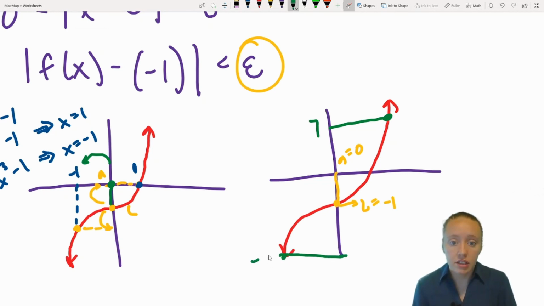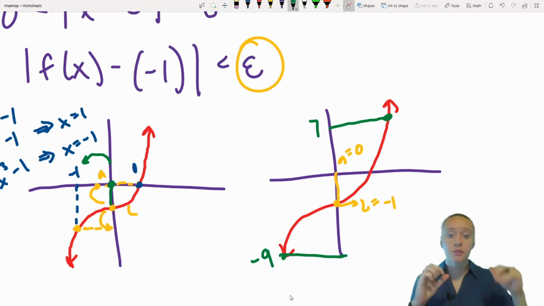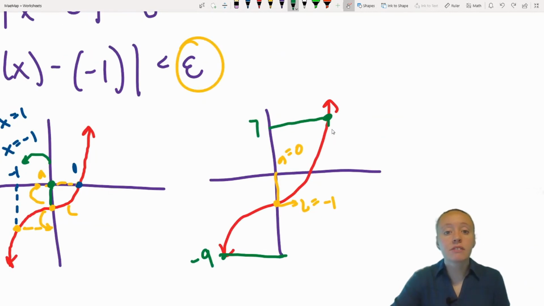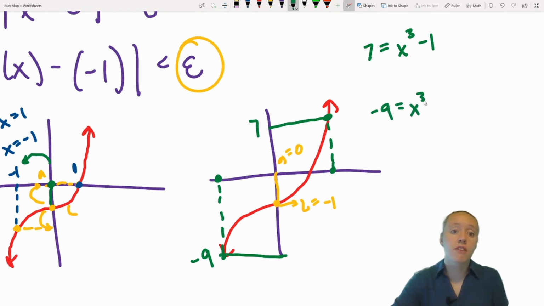So those are my two function values, 7 and -9. So I need to find those associated x values and then see what my potential delta is. So when 7 equals my function of x cubed minus 1, I'll solve for x. And when negative 9 equals my function of x cubed minus 1, I'll solve for x.